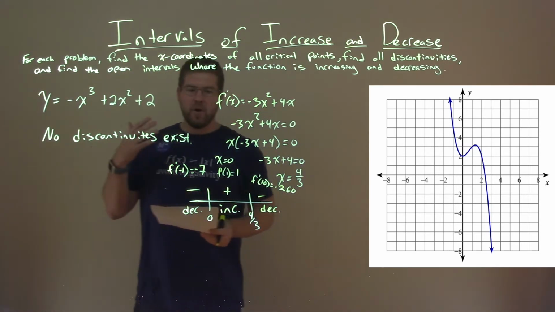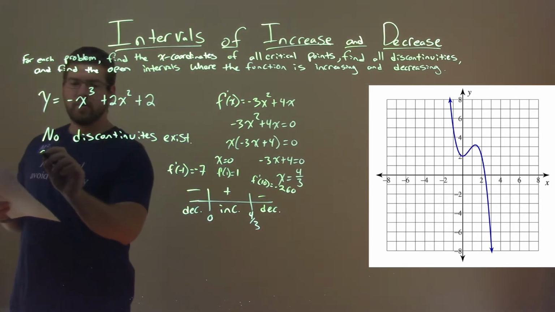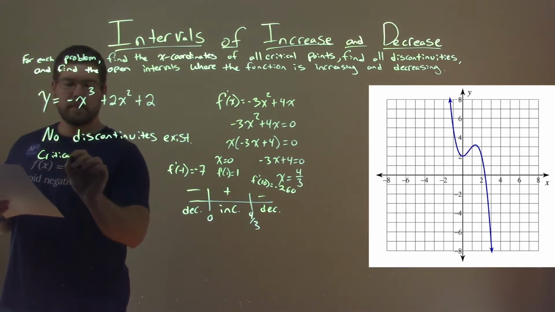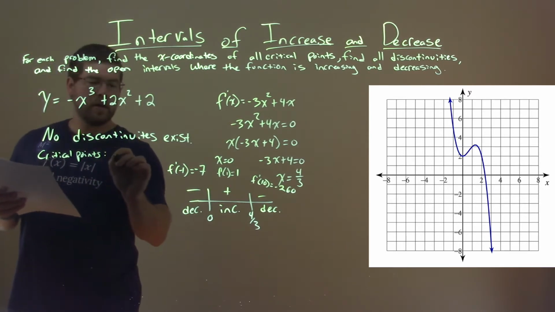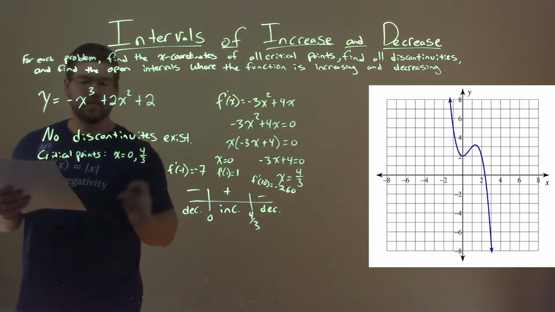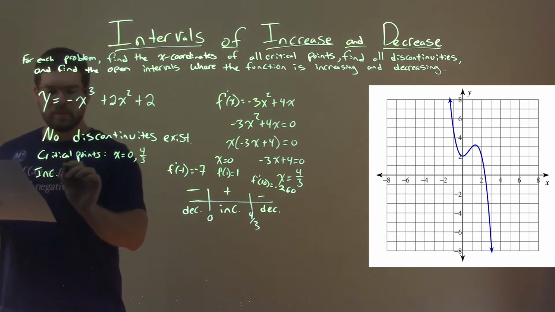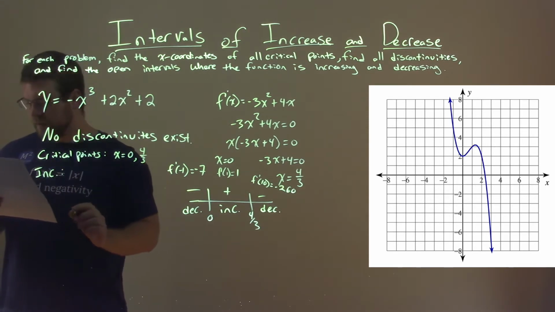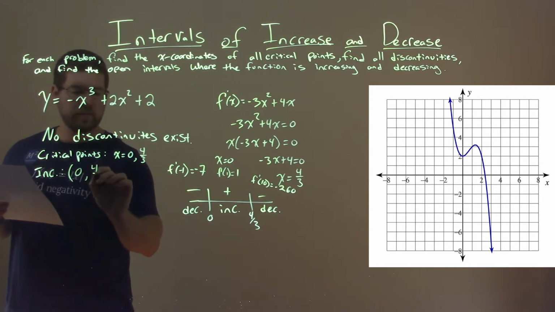So we have our information here, let's go write it out now. Our critical points are when x equals 0 and 4/3. And then where is this function increasing? It's increasing, in shorthand, on the interval from 0 to 4/3.